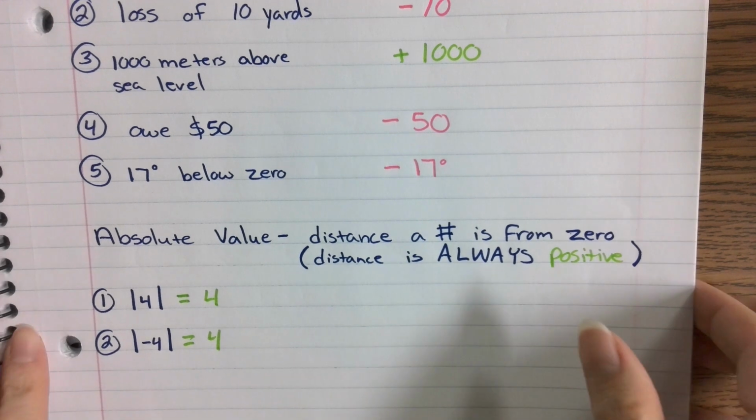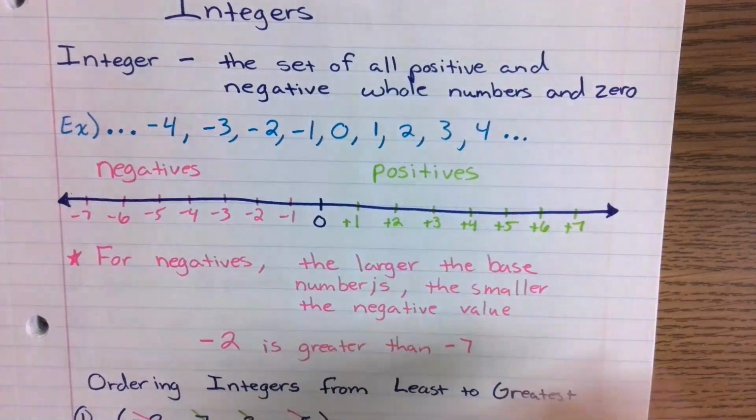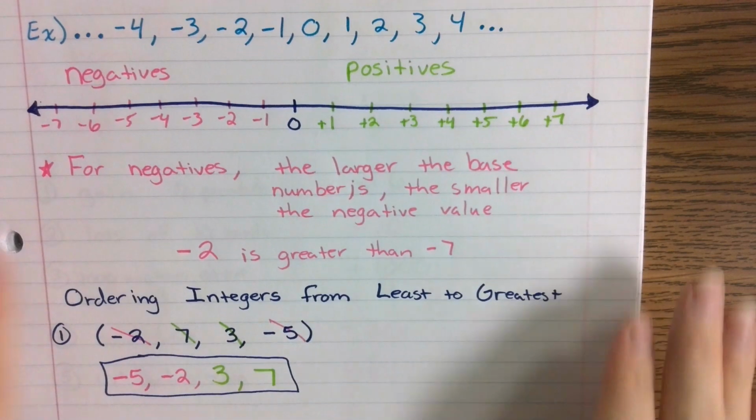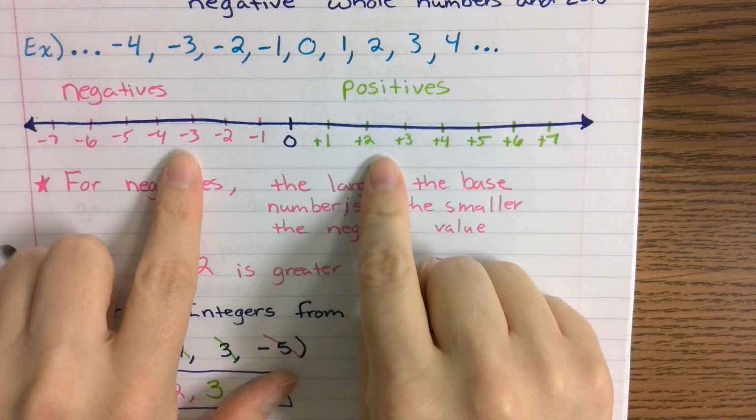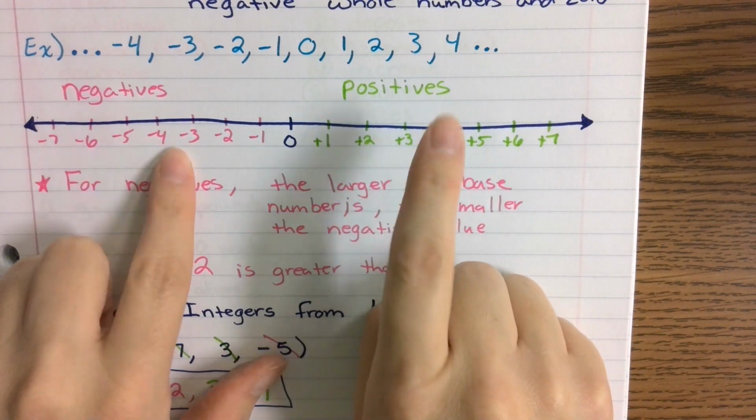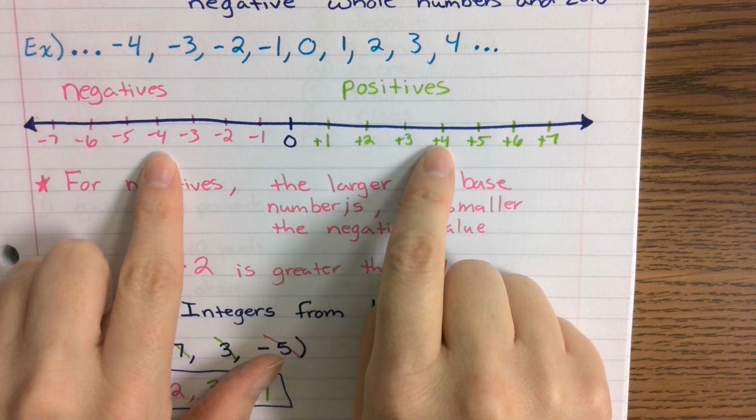Let me show you that real quick. Go ahead and turn back to your page 1 and go to the number line. Turn back to page 1 and look at your number line.